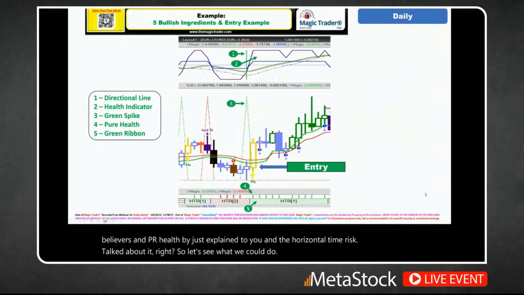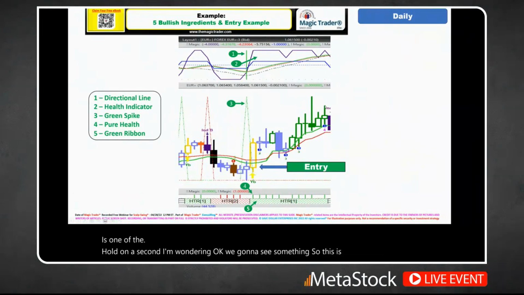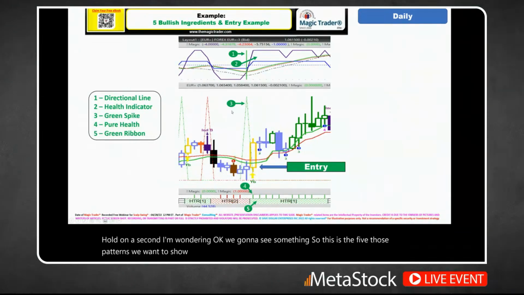So here is one of the, hold on a second, okay, we're going to see something. So these are the 5 patterns, and we are going to show you again how to apply them. One is the vertical line, which is a direction line. Two is the parallel lines in a health indicator, which is written here also.